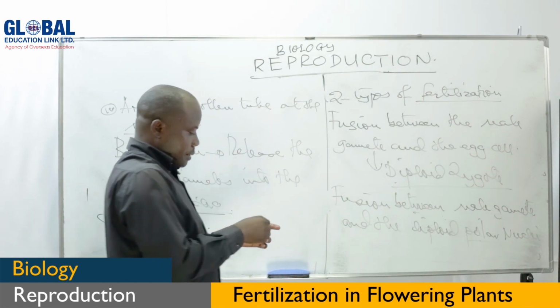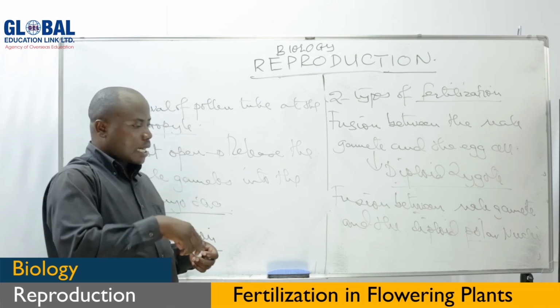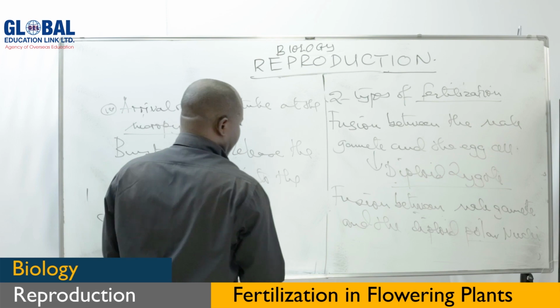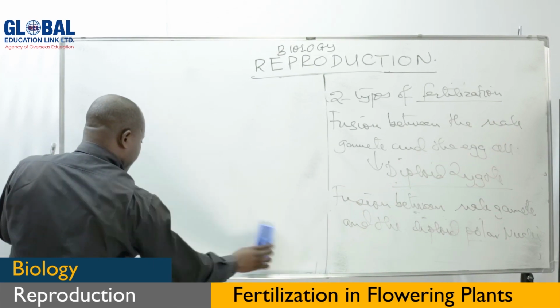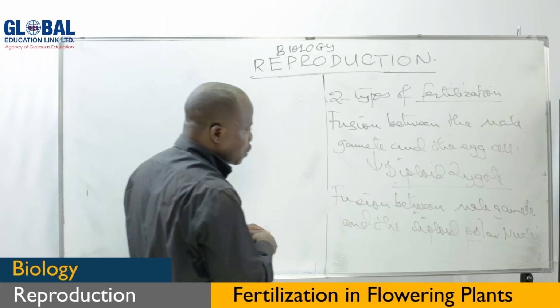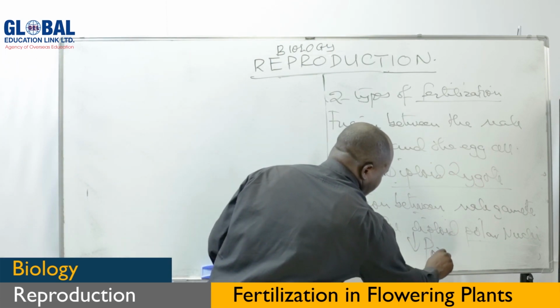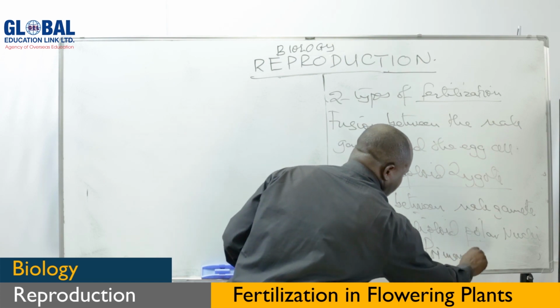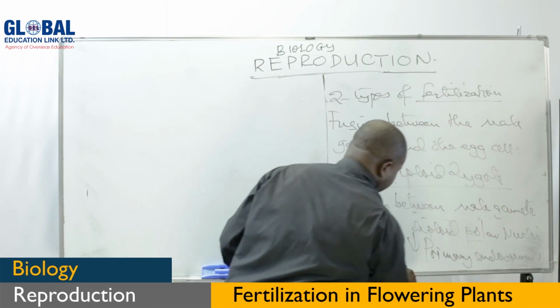These polar nuclei are found at the center of the embryo sac. This second fertilization leads to formation of the primary endosperm nucleus.